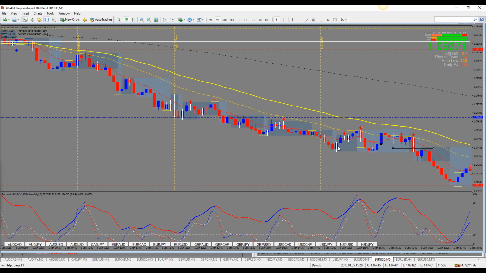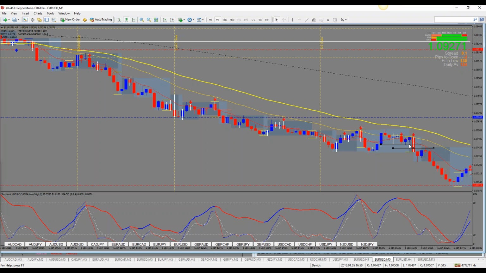So do you have to have a blue candle first? Well, it doesn't have to be blue, but it has to be above. For a signal candle to work, it has to close above the 10. You see here? Closed above the 10.